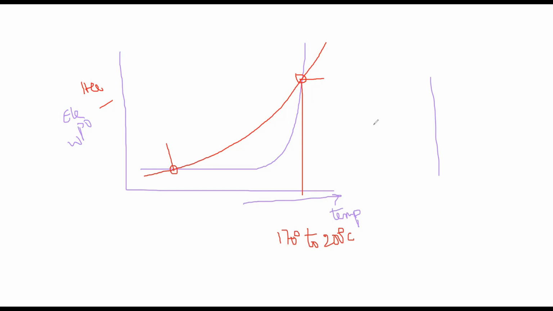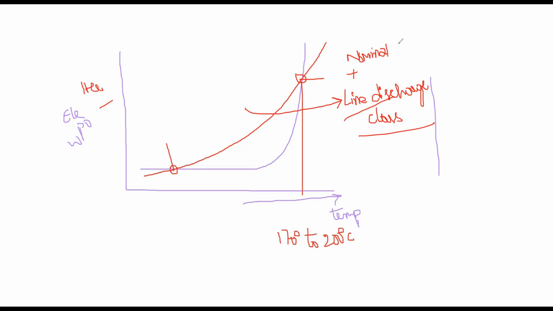So how can we know this? That is manufacturer dependent. For this, we use a term called line discharge class. This energy capability of my lightning arrestor is expressed with the concept of line discharge class. And then the nominal discharge current, how much current has to flow through it.